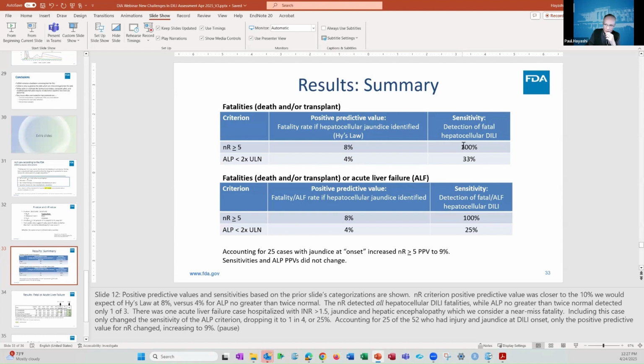And more importantly, we did have some fatalities, about 3 or 4. The R value picked up all of them, where the alk phos only picked up 1 in 3, and then 1 in 4 if you include the acute liver failure patients. So it's closer to Hy's law, and it's more sensitive to picking up the fatalities.